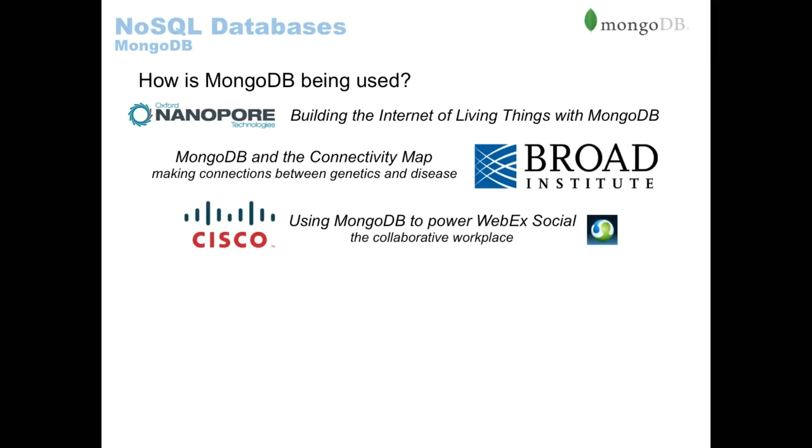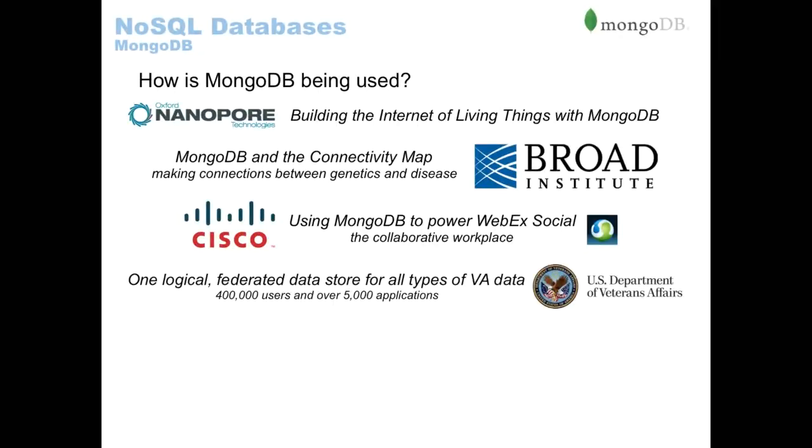Cisco is using MongoDB to power their WebEx social app that they call the Collaborative Workspace. The U.S. Department of Veterans Affairs, the VA, is using it for one logical federated data store for all types of VA data.